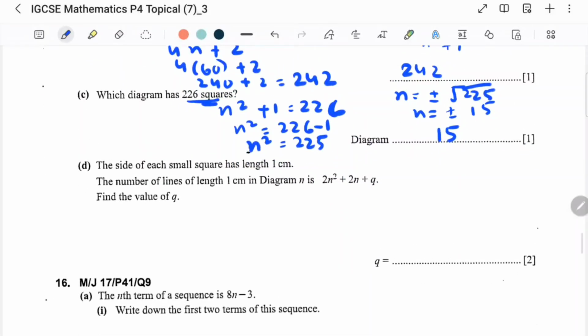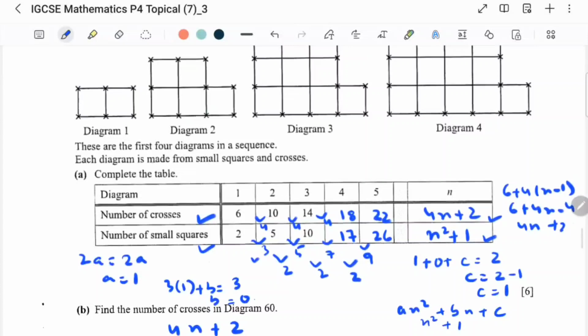The side of each small square has the length 1. Alright, the number of lines of length 1 centimeter in diagram n is 2n square plus 2n plus q. So we'll take diagram 1, how many squares it is. Each small square is 1, and they're talking about the number of lines.